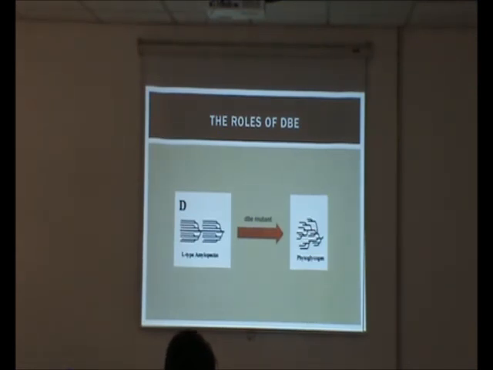Okay, and we see that the pattern of the branch points in this molecule is random. It's not in order like in the amylopectin molecule.